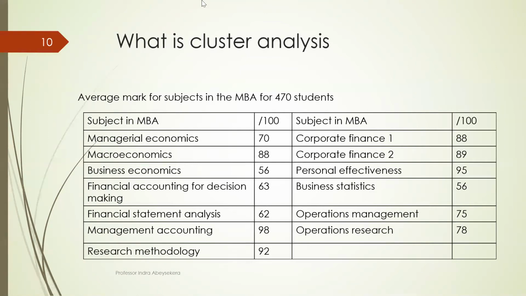So here's the average marks for the MBA for 470 students. So we got this average mark, and the school wants to make decisions, various interventions as to the topics and the subjects that students find difficult, how the schools can help, and then it wants to examine the marks and identify clusters to look at strategies.